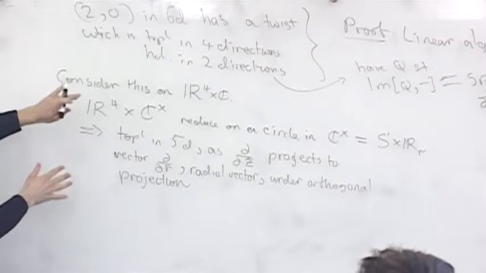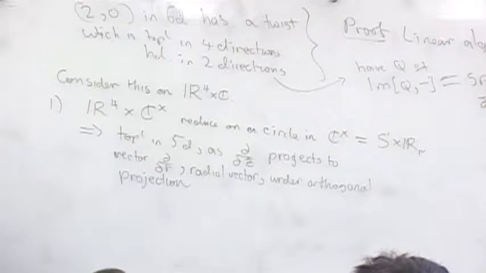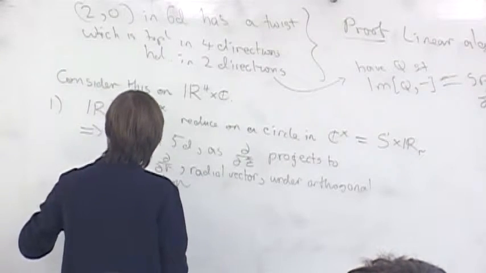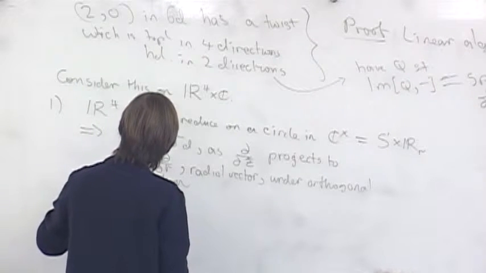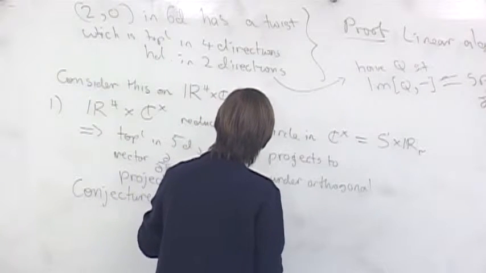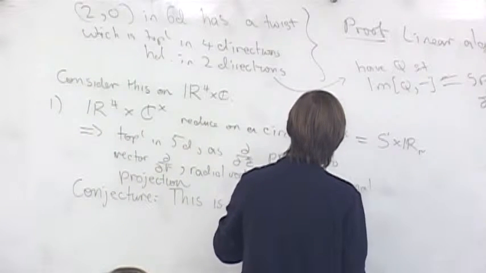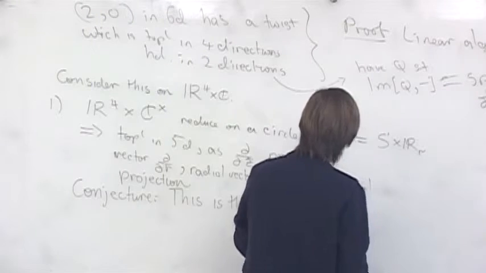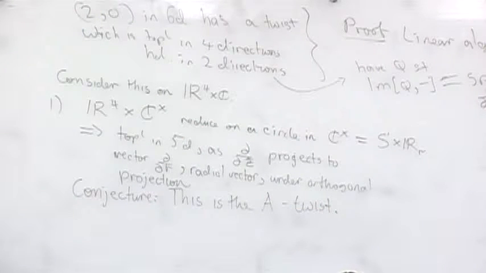Okay, so here we got some twist of the 5D theory. What twist is it? So conjecture, this is the A twist. Actually, this is the only thing it can be. If you think about the supersymmetry, you find this is what it has to be.